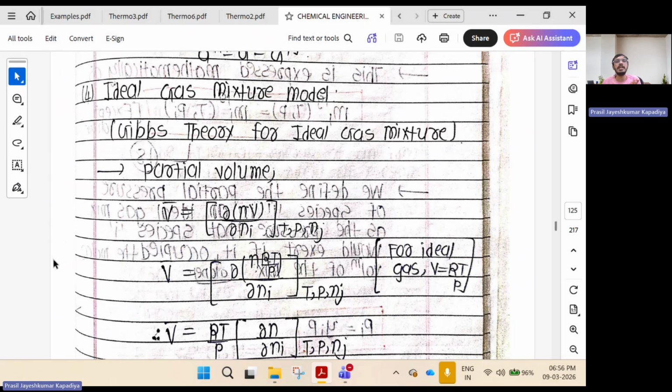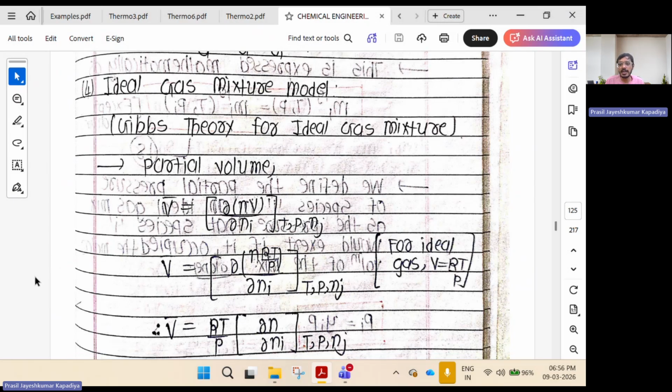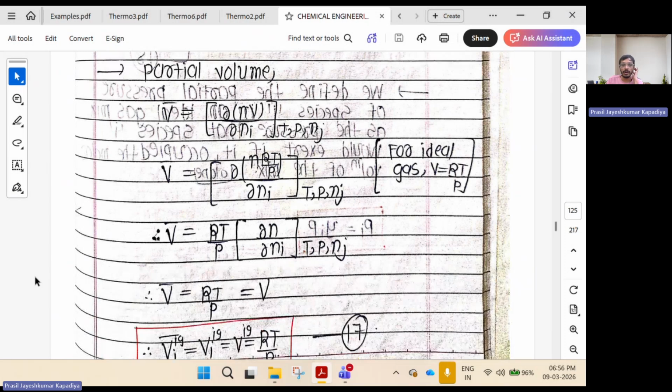So let's say CO2 is behaving as an ideal gas and CH4 is behaving as an ideal gas. Now I am mixing CO2 and CH4 together. So what is going to happen for that ideal gas mixture? Let's first find the partial molar volume for each component in the ideal gas mixture. What can I write for my V bar? V bar is equal to del NV del Ni at T, P, Nj.